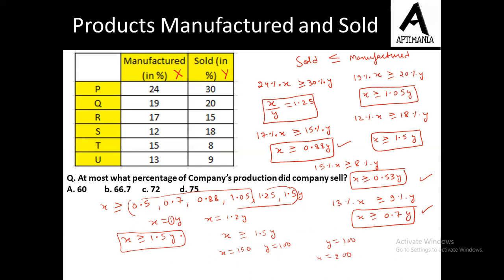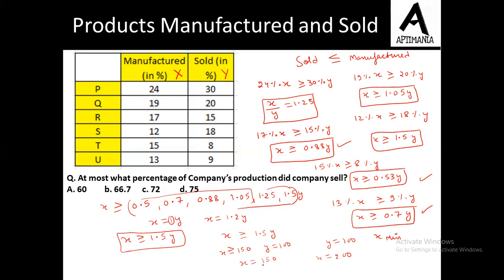But then what we need to do, we need to maximize the percentage of production that company sold. So what we need to do is we need to keep the value of X as minimum as possible. So if we take Y as 100, so X is greater than or equal to 150. So let us assume the value of X to be 150 only.